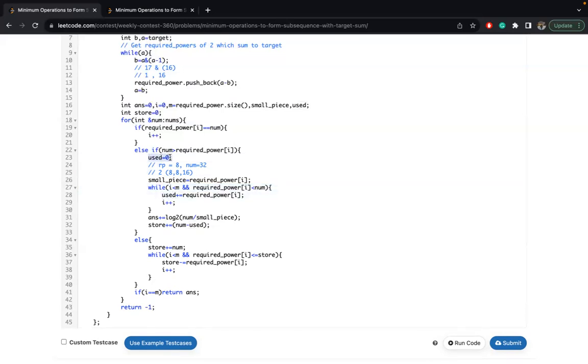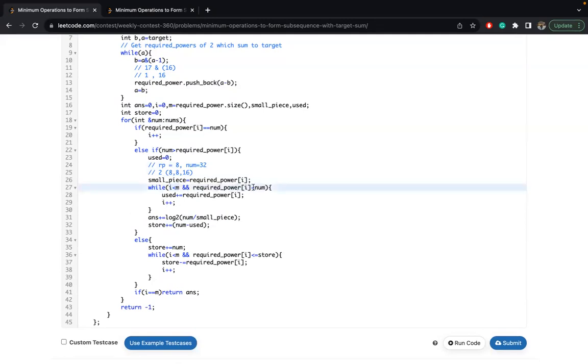Used is 0 as of now, before all these while operations, and then you go to the next required power, till required power does not have a value greater than num, or required power is not empty, that is, till all the required powers are traversed. Till then you are in this while loop.